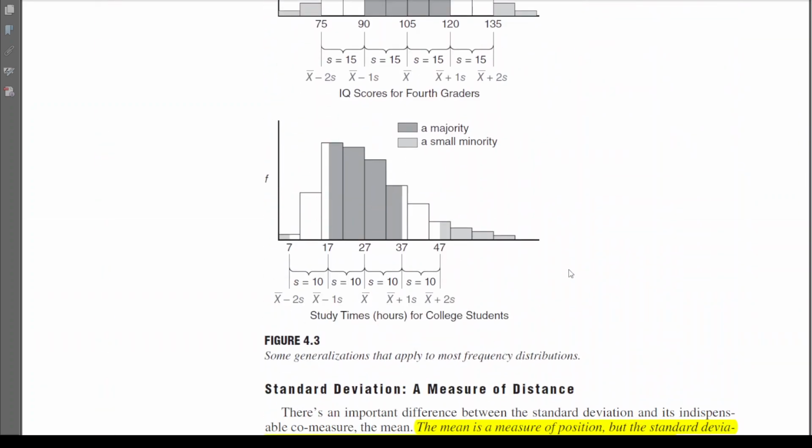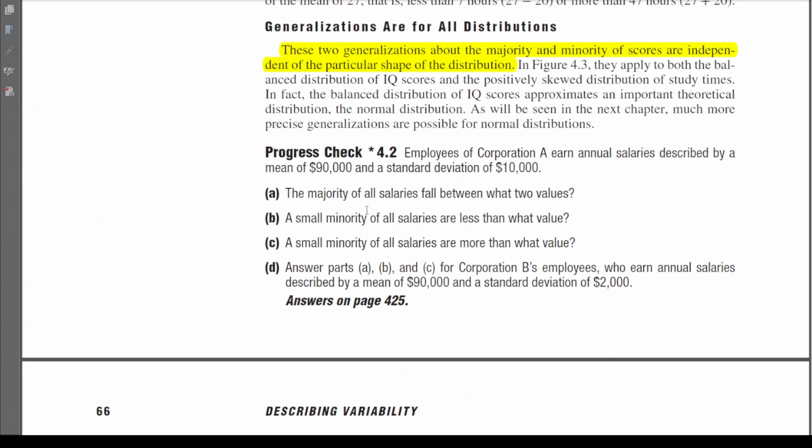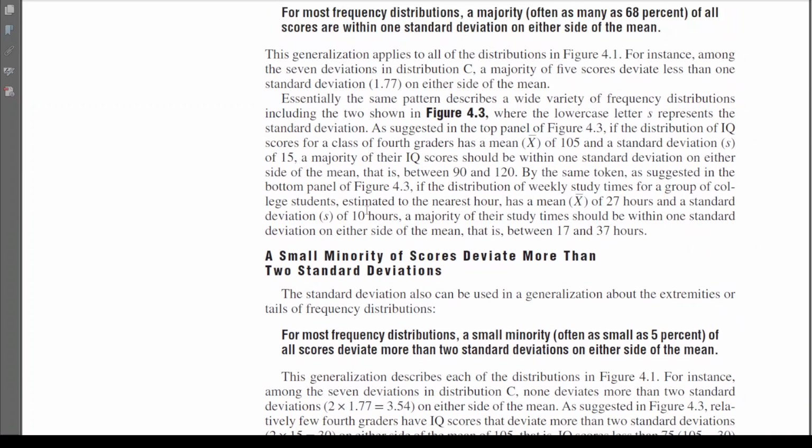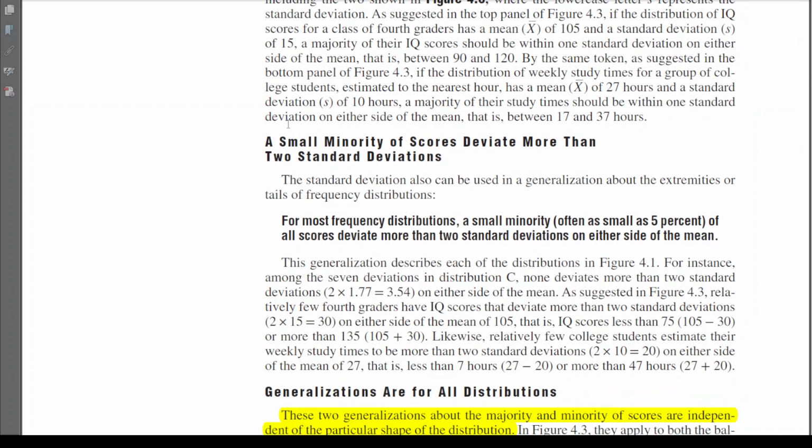So, in such a distribution also, which is not a perfectly normal distribution but a skewed distribution, a majority of the scores or observations would be within one standard deviation of the mean. That is, roughly 68% of the scores would be within one standard deviation of the mean.